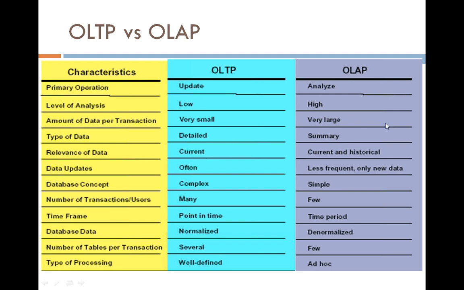When it comes to the OLAP system, it contains all of the organization's information from day one till today, which means it contains historical data plus current data. That is the reason we can do some good analysis with respect to data in the OLAP system.